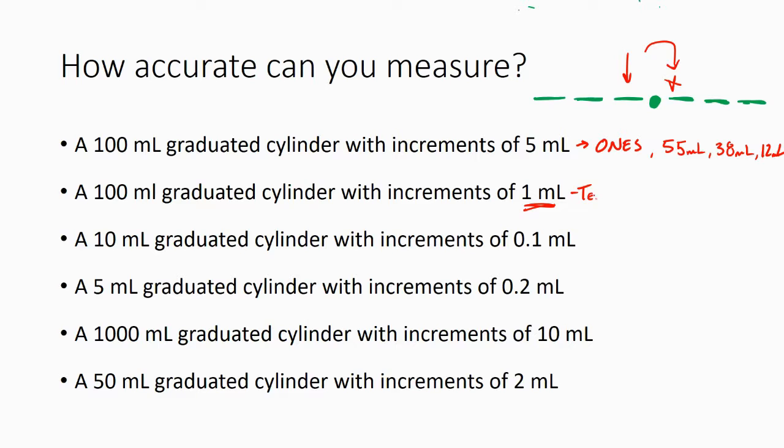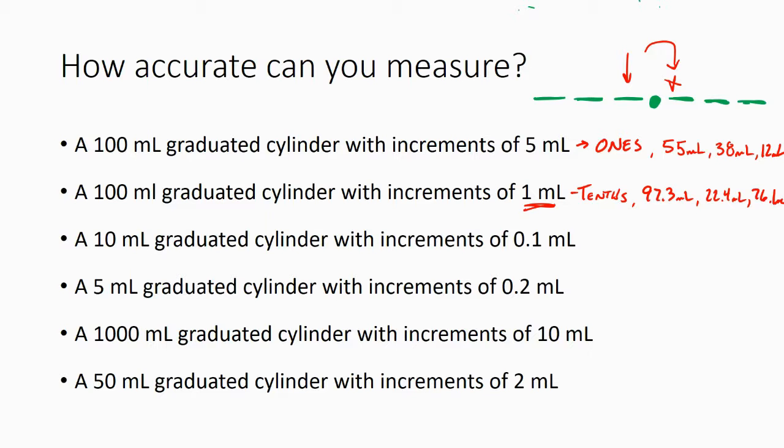So here, our measurements are going to the tenths, which means that some of our measurements could be like 97.3 milliliters or 22.4 milliliters or I don't know, 76.1 milliliters. So all of those would be good measurements for this one.